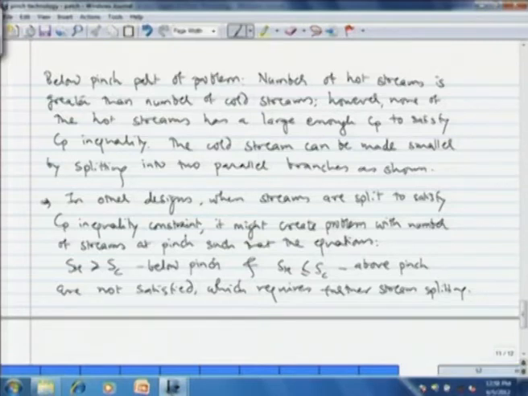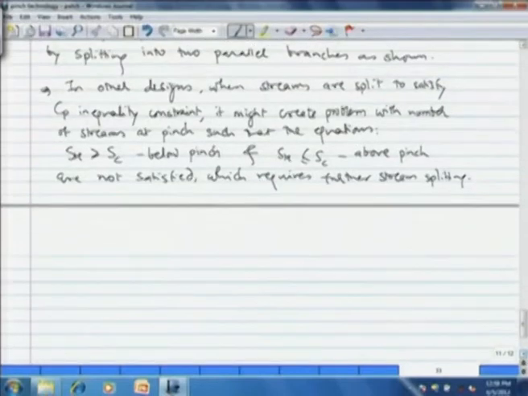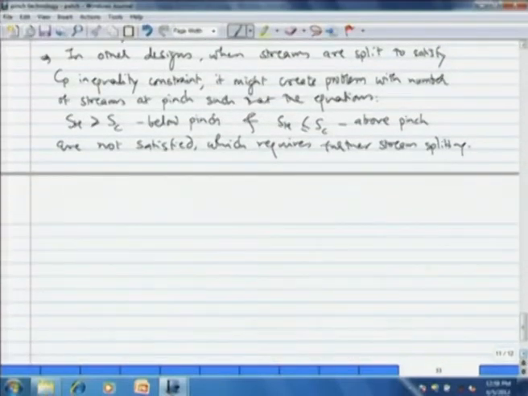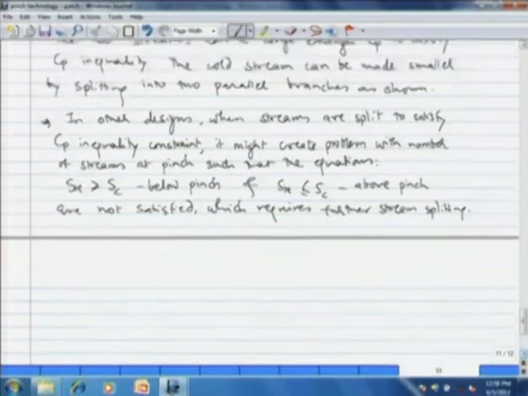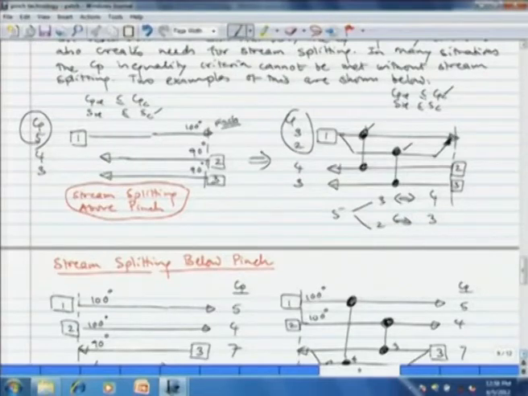The stream splitting adds another degree of freedom in the design. For example, in the above pinch region, we split the hot stream into 2 branches with Cp values 3 and 2, but it need not be 3 and 2.